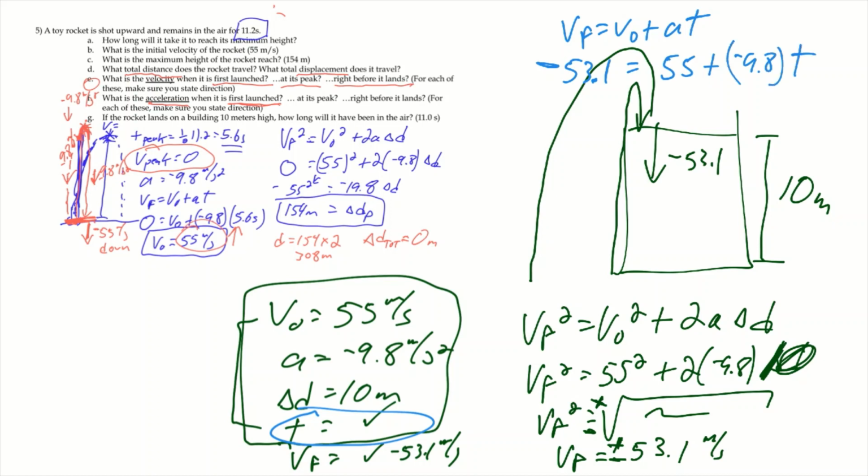So those of you that did solve this using the quadratic, you should get the same answer that we're about to get, which is 11 seconds. Actually, you would have gotten 2 answers. The first answer I imagine would have been really small, maybe like 1 second or something like that. But we know since it's on the way down that the second answer is the correct one.